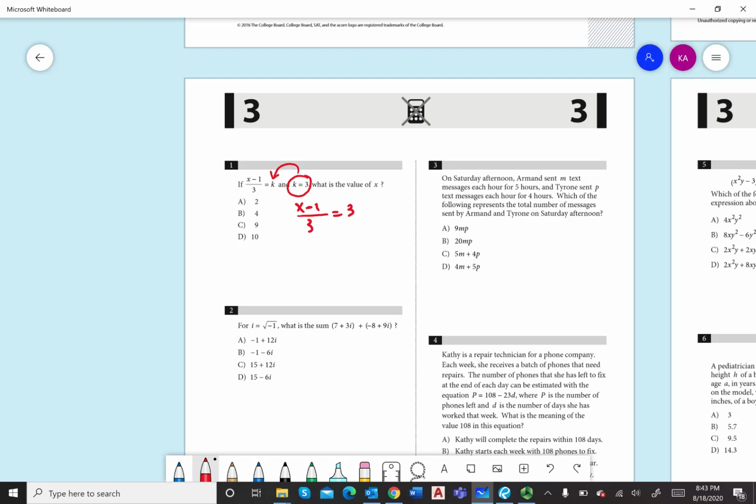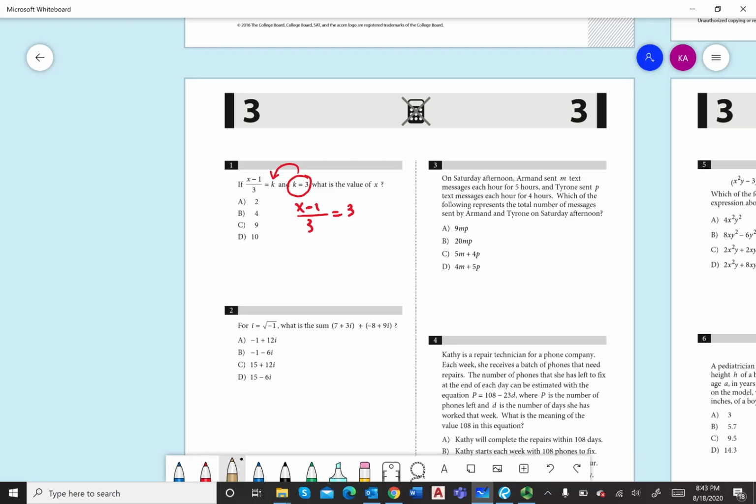All right, so the one rule that I'm going to keep reminding you of over and over is cross multiplication. Cross multiplication is gold when it comes to solving equations with fractions in them.